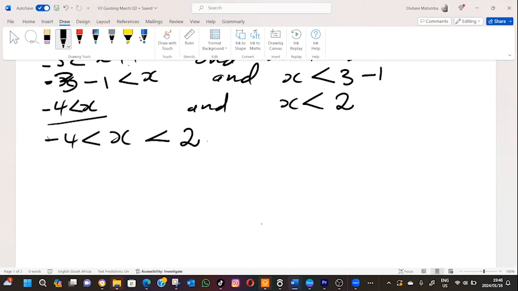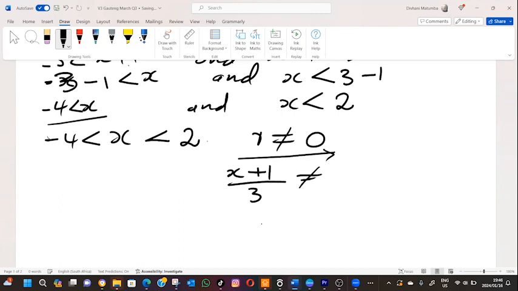Or the other thing is that your R cannot be equal to 0. I forgot to mention this. Meaning your R was actually x plus 1/3. It can never be less than 3.